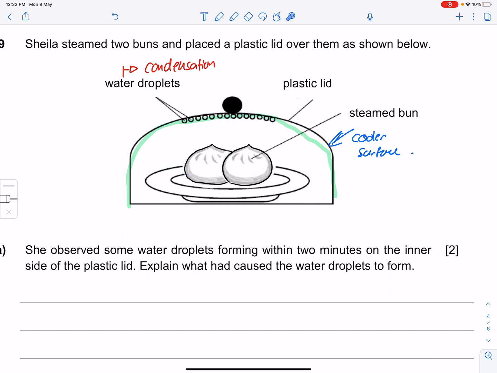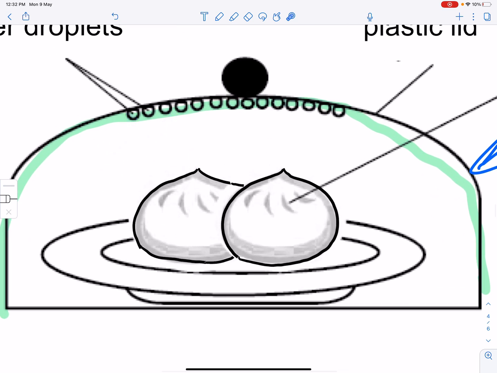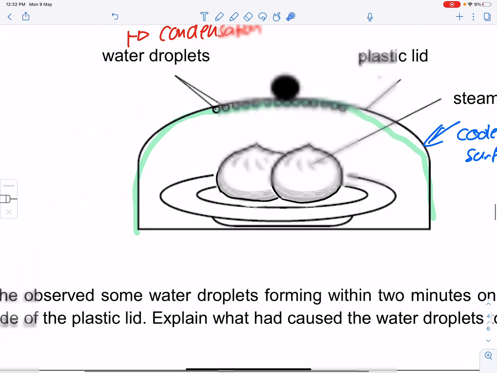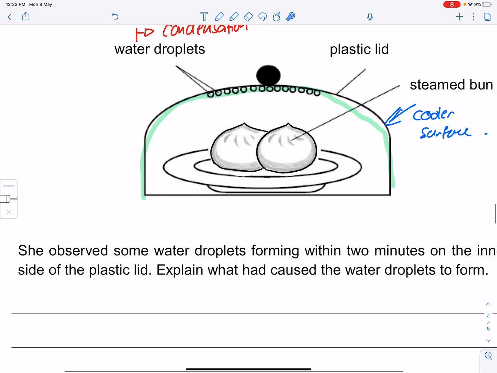When it gains heat from the steam bun, the cooler water vapor will become warmer water vapor, rises up, and then it touches the cooler surface of the lid, loses heat, and then condenses. That's one way. The second way would be that you just tell me that water inside the bun has evaporated to become water vapor.